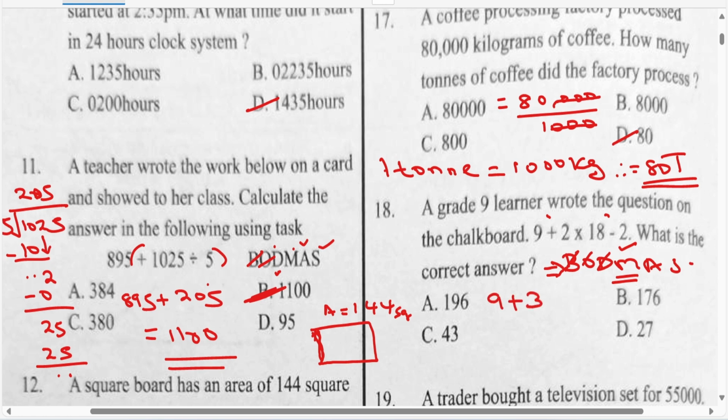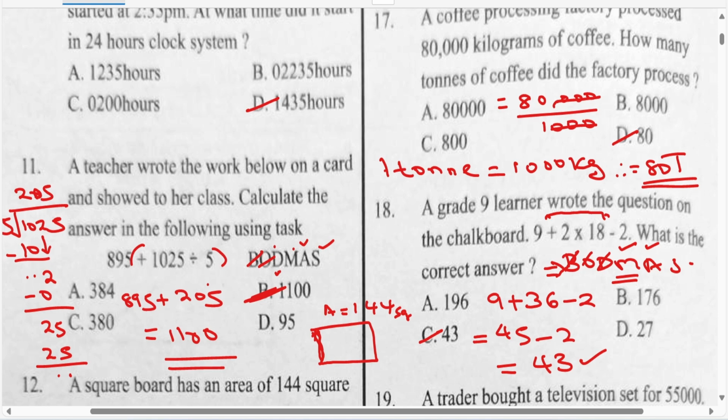Utabakiwa na 9 plus 36 minus 2. So you take this first. 9 plus 36 is 45. But here, waweza anza na addition, waweza anza na subtraction, whichever. But for now, let's start with addition. 9 plus 36 gives you 45. Subtract 2, it gives you 43. And basically, that is your answer.